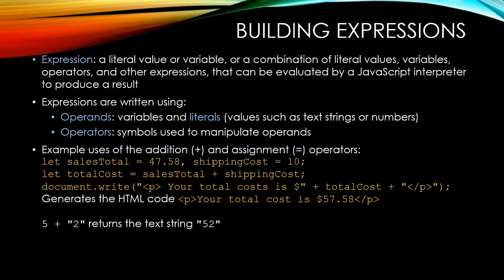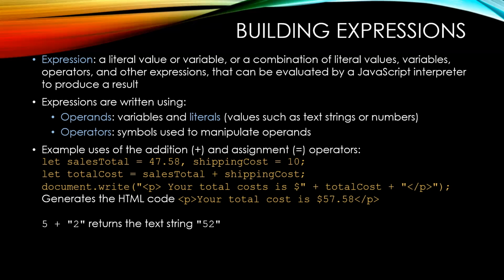So expressions are written using operands and operators. Your operator is going to be your symbol to manipulate the operand. The operand is going to be either a literal or a variable. So for example, an operand might be a number or a variable y.